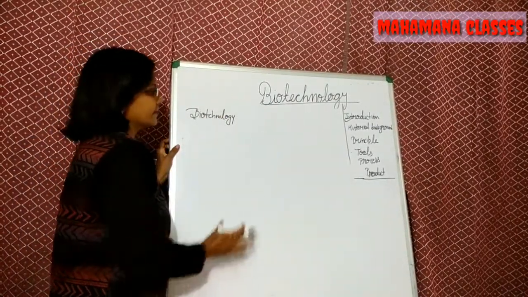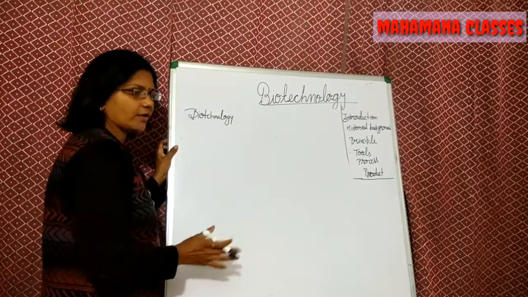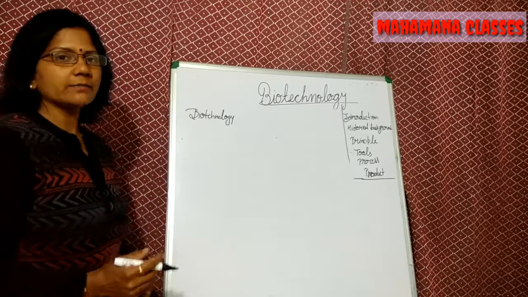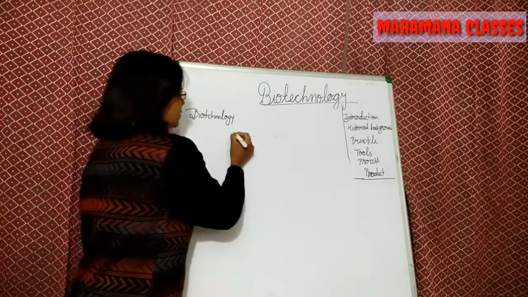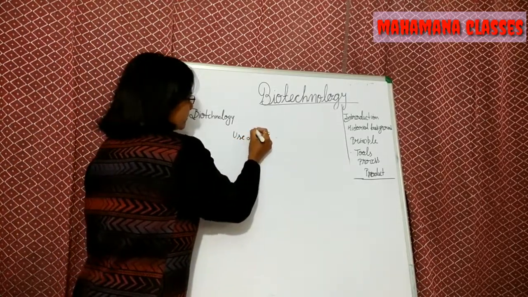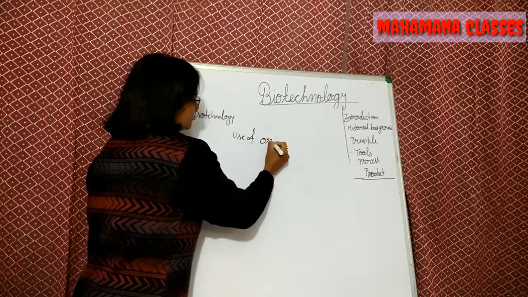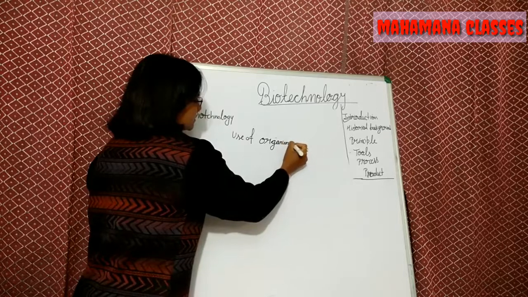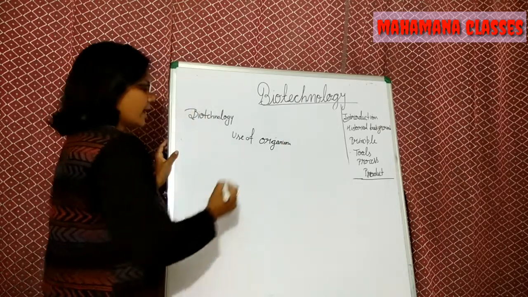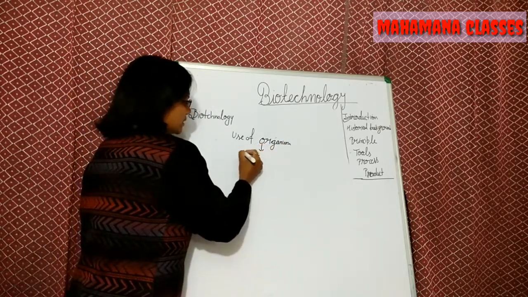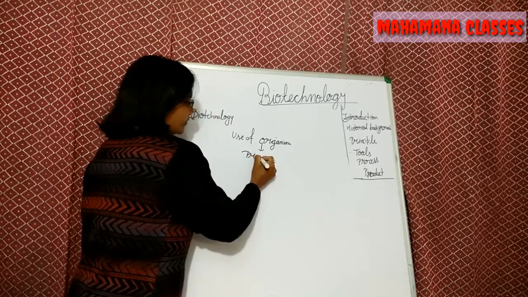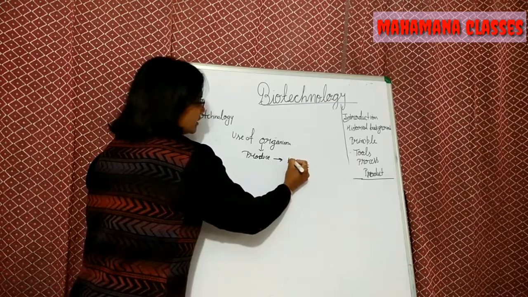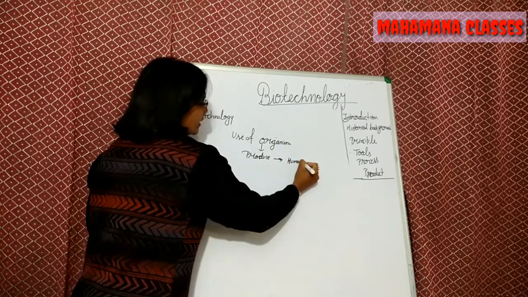As we have seen how the foundation was laid by the two scientists Cohen and Boyer, we can define biotechnology as the use of organisms to produce a product for human welfare.